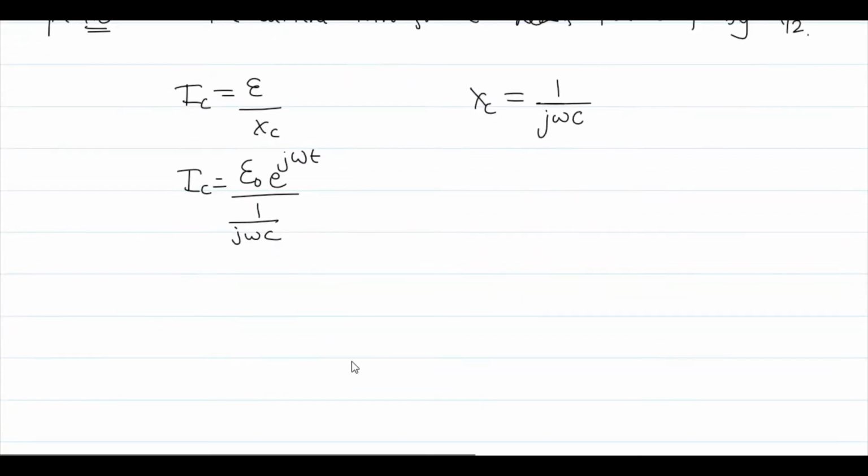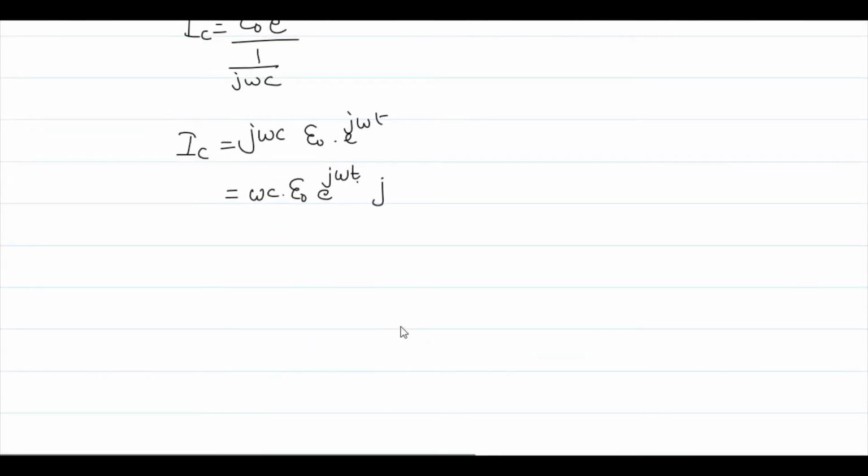Now this whole term becomes IC is equal to j omega c into EMF naught e power j omega t. Similarly, as we defined e power minus j pi by 2 for minus j, j can be written as e power j pi by 2.